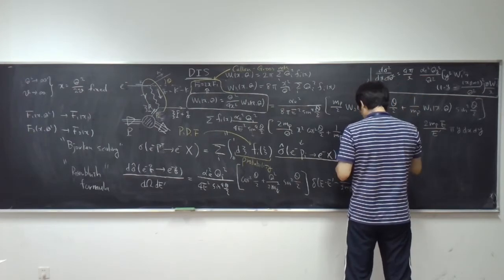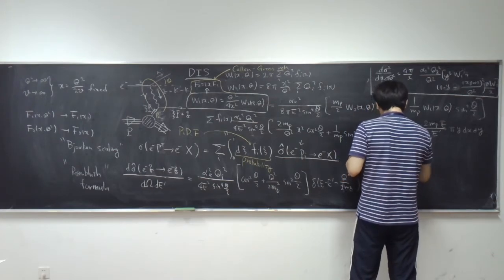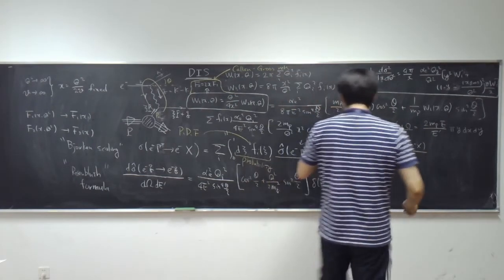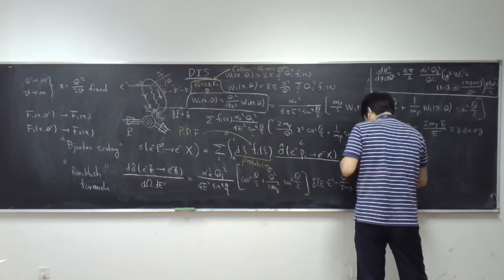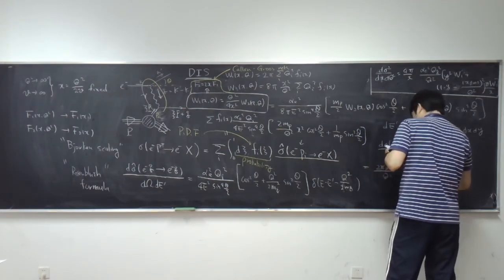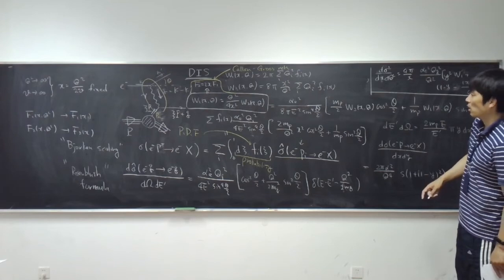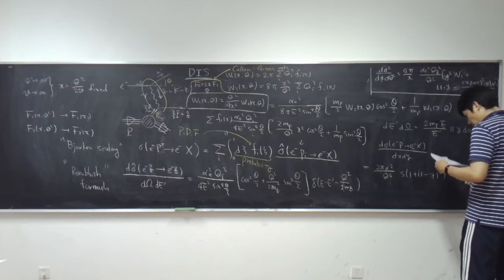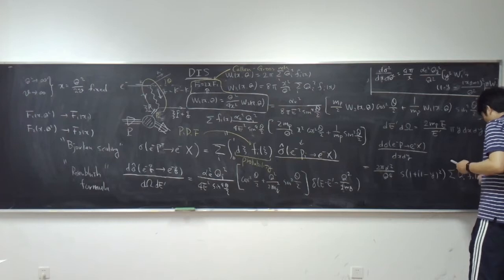Then this d sigma is given by alpha squared over Q to the fourth times s times 1 plus (1 minus y) squared, and then just plug this one into here and write down the sum of q_i squared f_i of x.